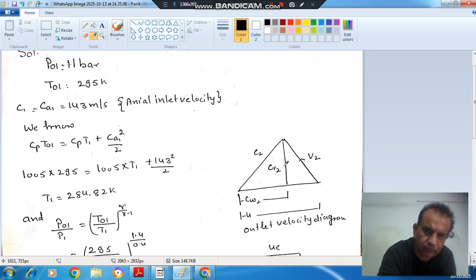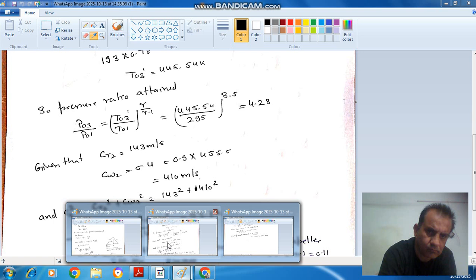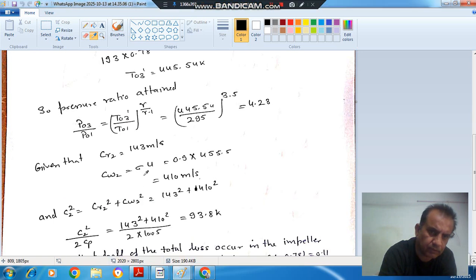This is your radial velocity CR2, 143 meter per second, and this is your tangential velocity, which will come out as sigma into U. That will come out as 410.